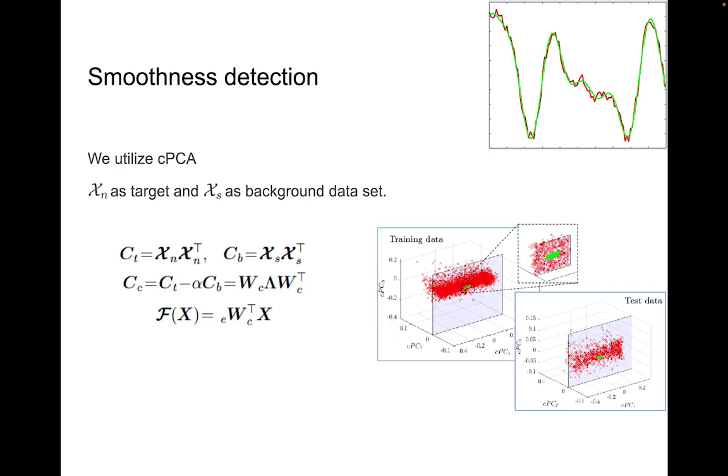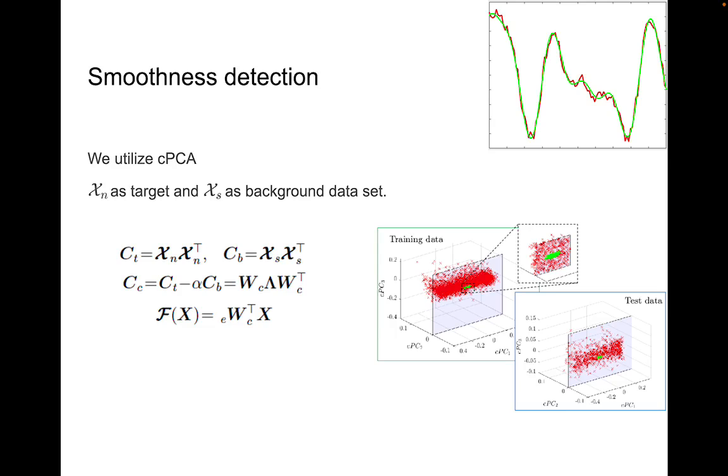Since the tremor is quite negligible compared to main variations of the trajectory, it can be neglected in the feature extraction procedure. A good approach for capturing this is the contrastive learning paradigm, in which we try to extract features that are rich in the target dataset and remove shared features between target and background datasets.